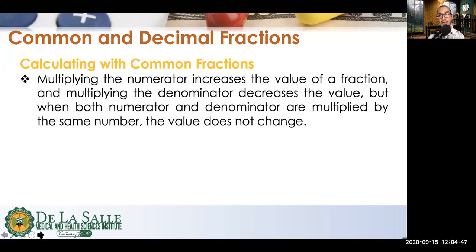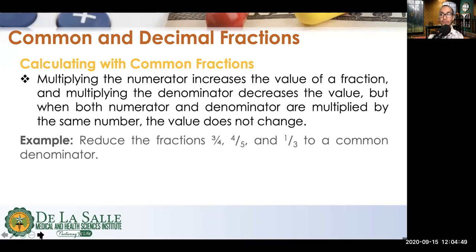Normally we do that to convert one fraction into another fraction. For example, we want to get a common denominator for the following numbers. As you said earlier, we will find the least common multiple.